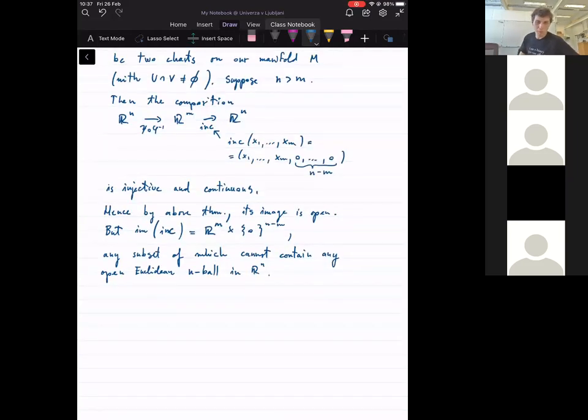So its image cannot be open, right? The image of the above map.